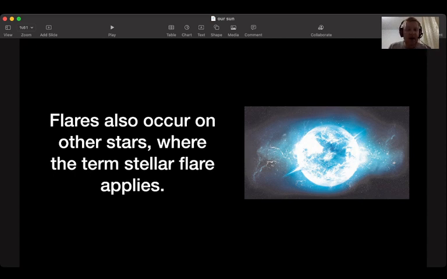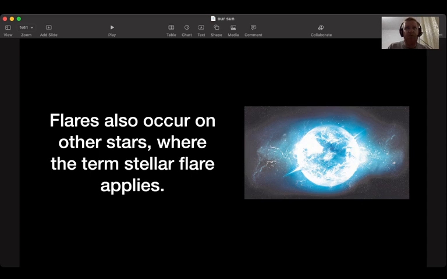So flares also occur on other stars, where the term stellar flare applies. So you're looking at the stars in the night sky. All these stars you see are in fact other suns rotating around the galaxy in our universe.